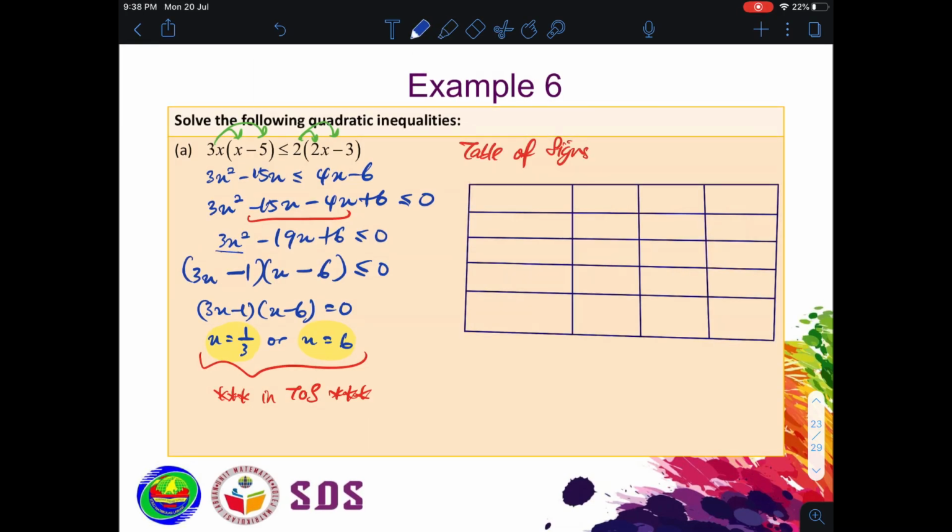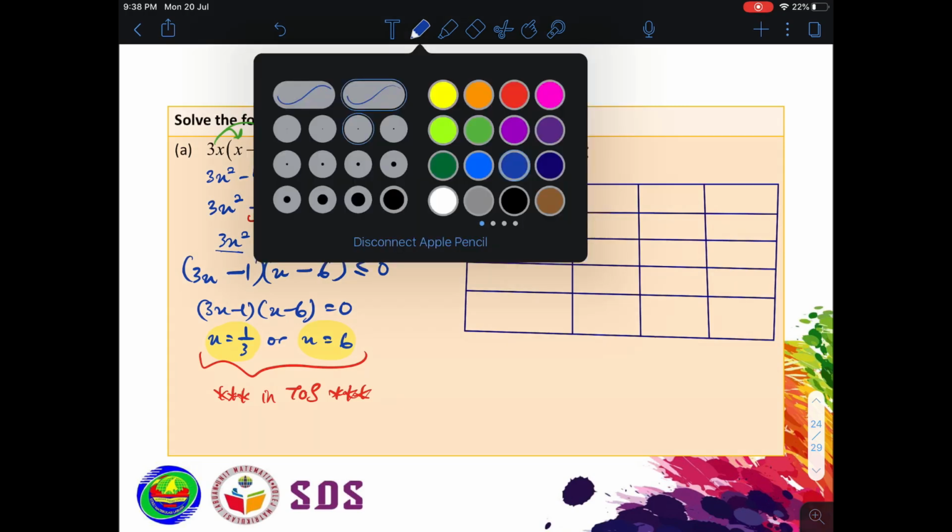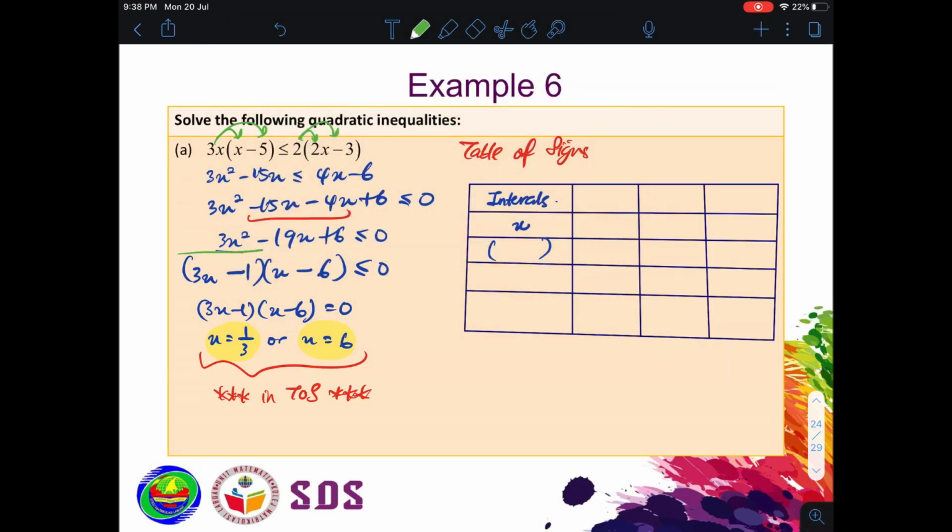The features in the table of sign are: the first part is intervals, the second part is x, and the third part is a factor from your inequality. Please look at the inequality where you have already factorized the quadratic equation. This green box will be our main focus here.